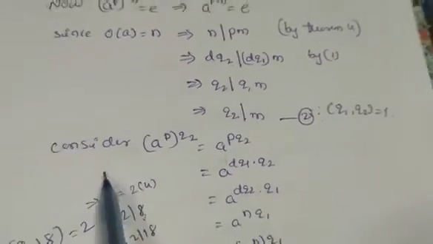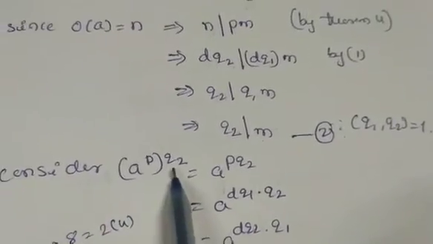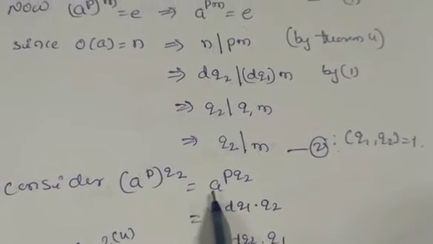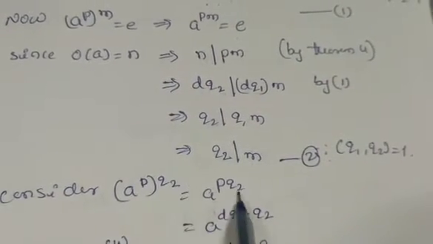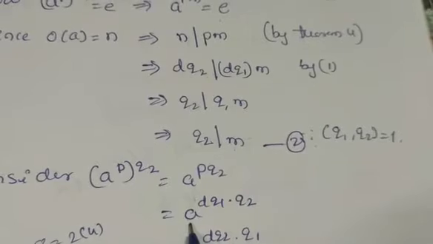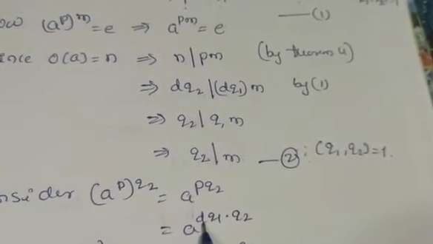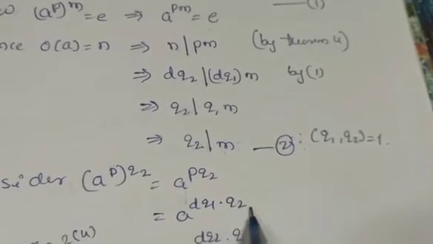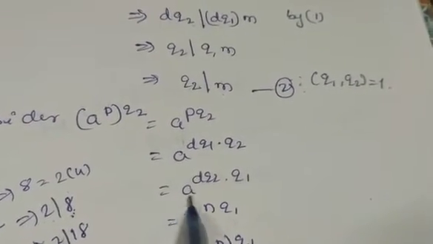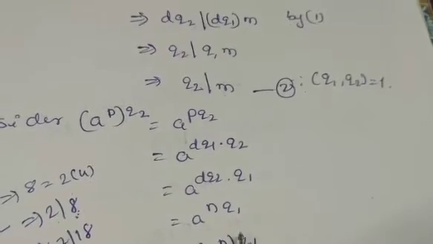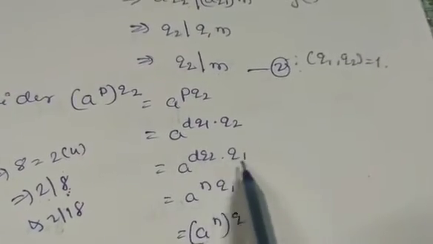Let us consider a to the power of p whole raised to q2. This is equals to a to the power of p into q2, and you substitute the value of p, p is d q1, into q2. This is equals to a to the power of d q1 into d q2, you take here, and into q1.